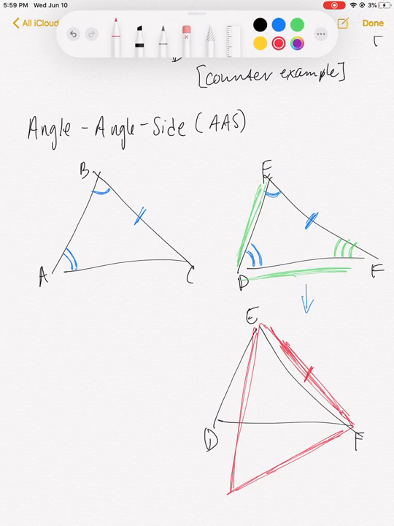Even though we've tried to keep EF the same size, something's happened to the angles. Angle E has become smaller. Because I opened up F and closed my triangle, E is smaller and angle D is smaller.